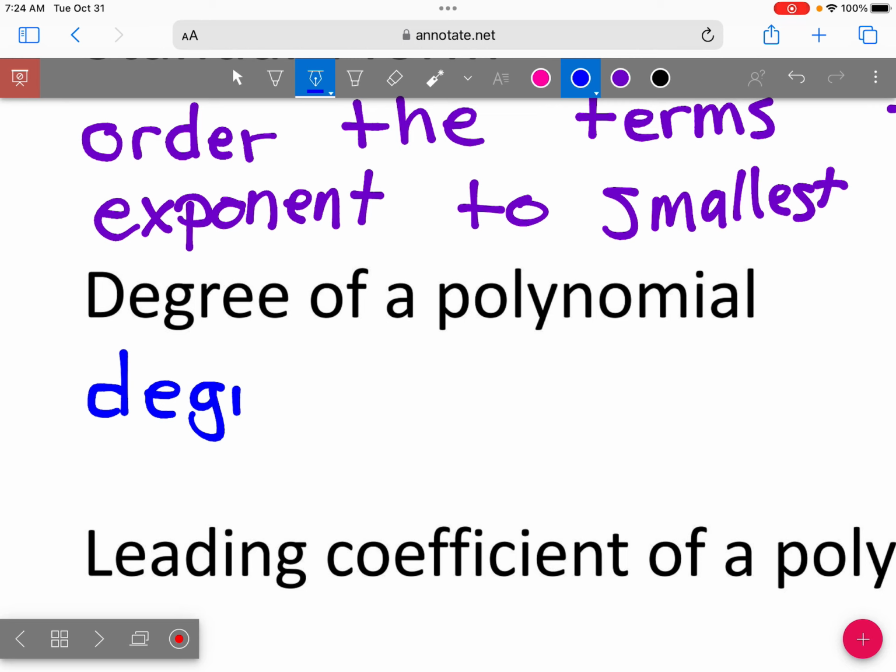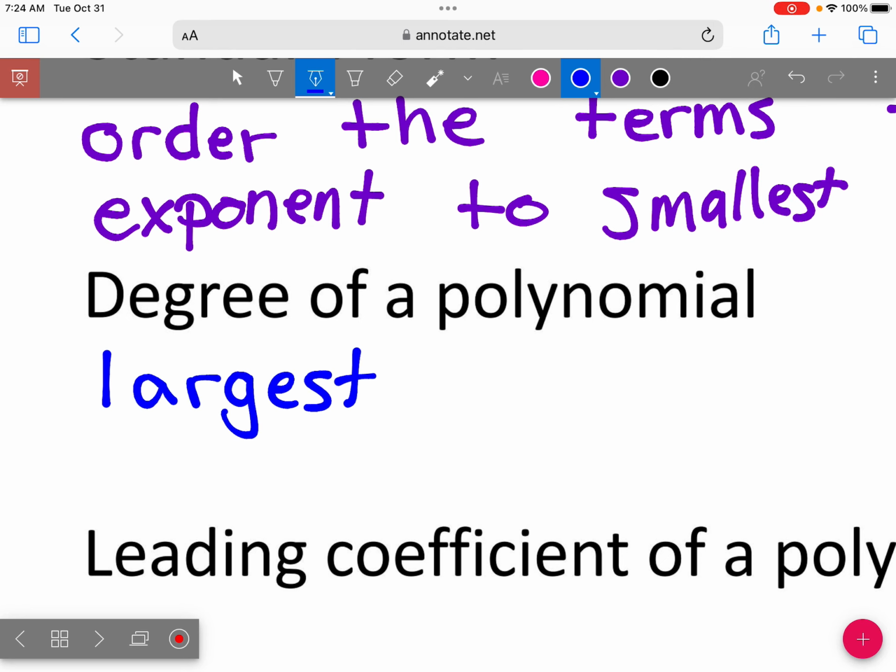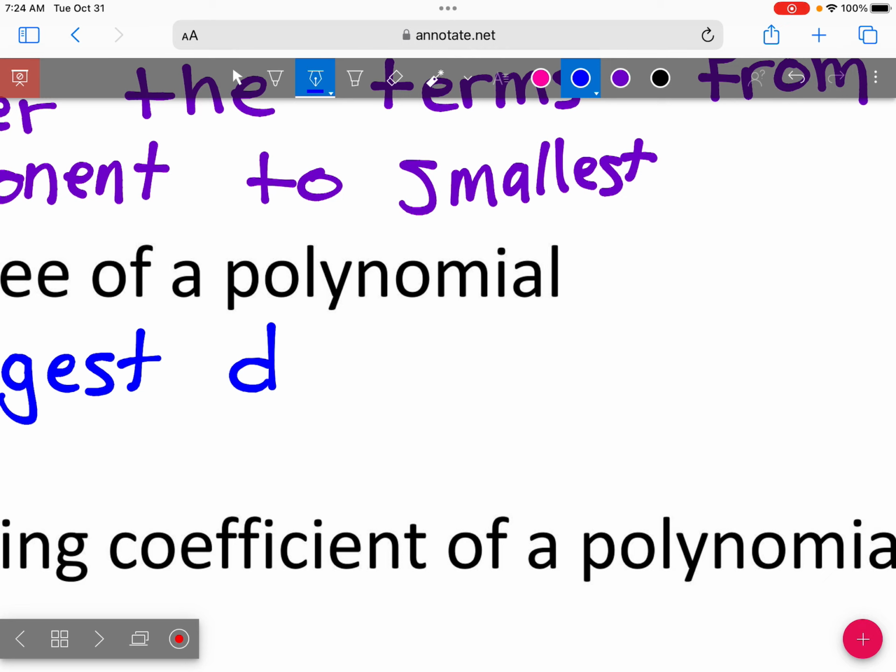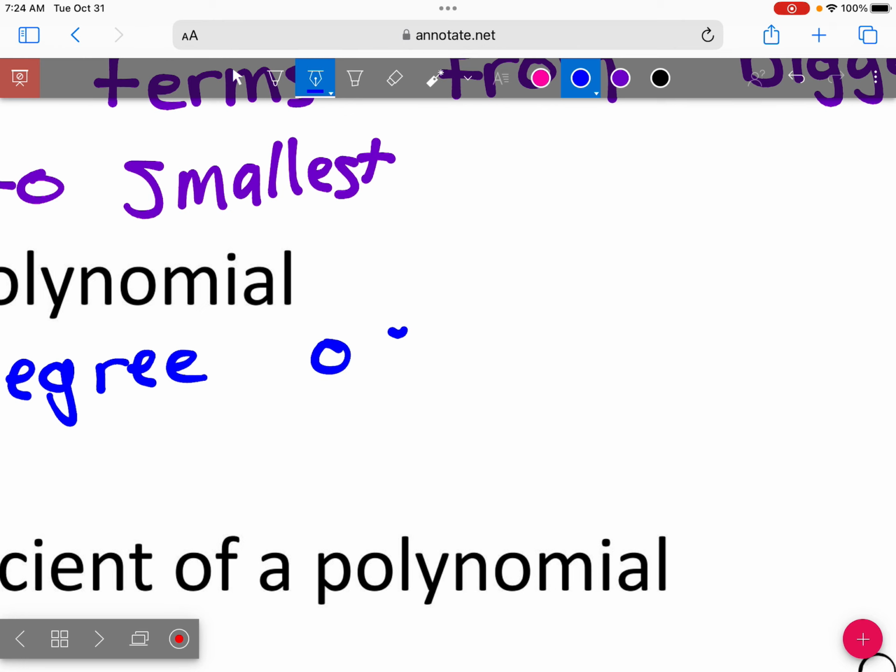The degree, or actually, sorry, the largest degree of an individual term.